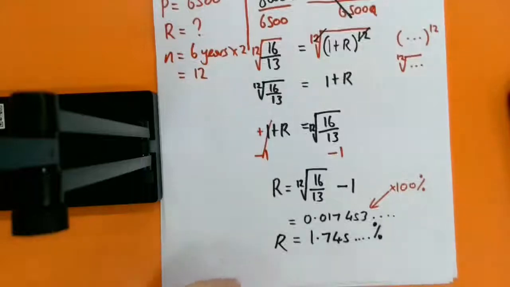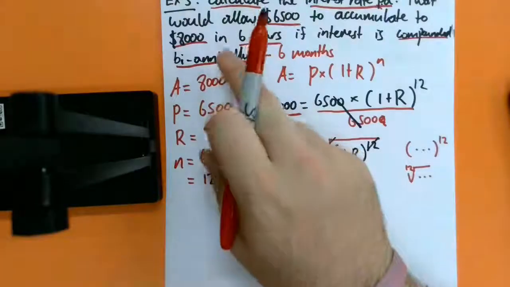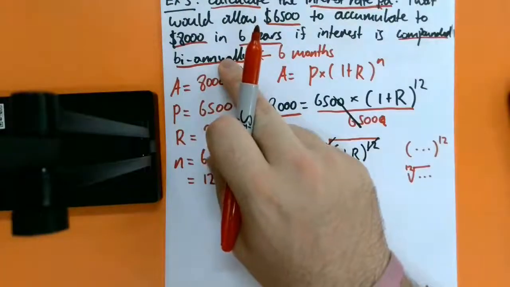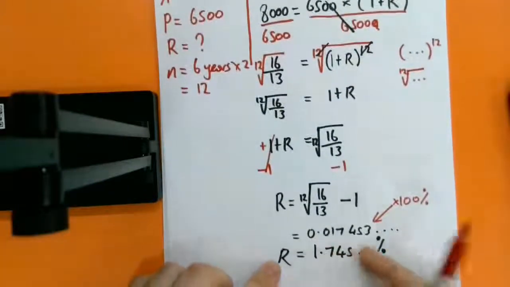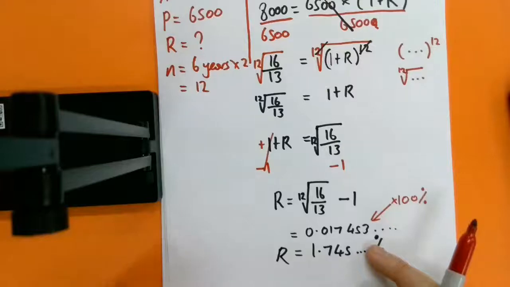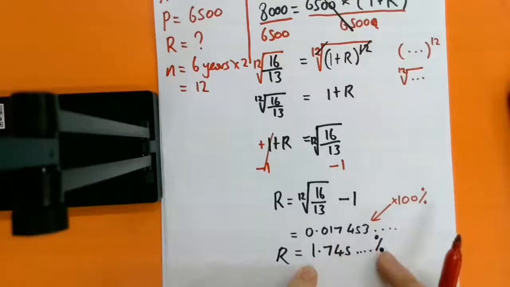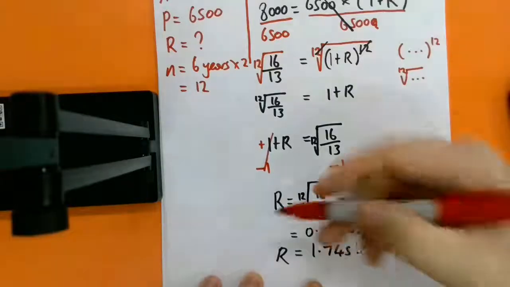You'll notice that this interest rate is not for the entire year. This interest rate is actually for every 6 months. So for this interest rate to accommodate the entire year, we have 2 compounding periods in a year, so we have to double this interest rate to make sure that we get the full interest rate per annum.